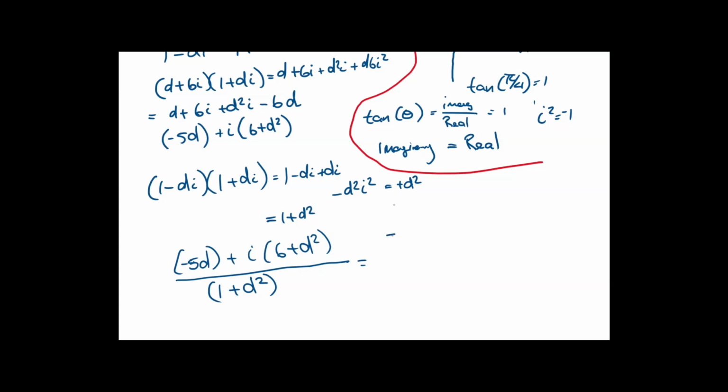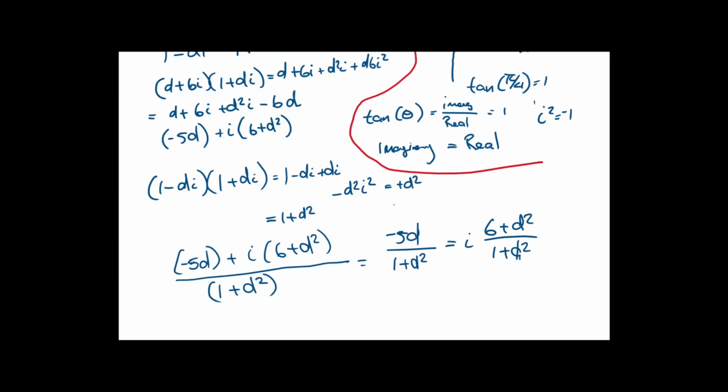The minus 5d over 1 plus d squared, plus i times 6 plus d squared over 1 plus d squared.